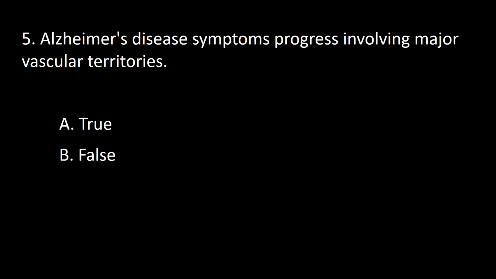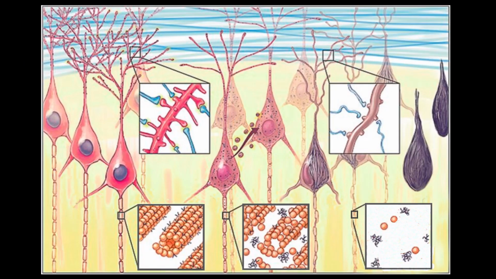A. True, B. False. This diagram depicts the course of neurons affected by Alzheimer's disease. This is a normal neuron with a central nucleus, dendrite full of spines making contact with incoming axons, and microtubules in the axon in perfect formation, with tau cementing the tubular elements. Here we have represented a neuron in the first stages of AD.